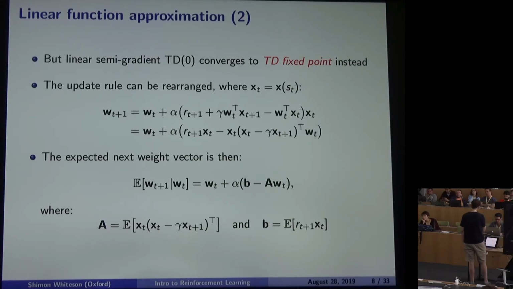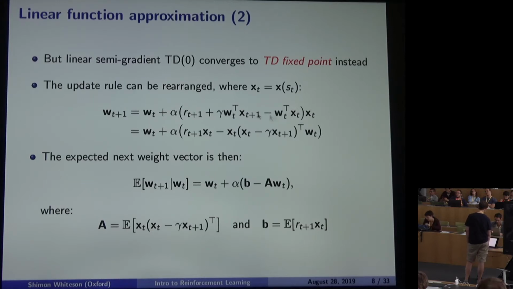So what is the TD fixed point? Let's look at this a bit more closely. Let's rearrange our update rule. What we have here is just our TD(0) update rule for the linear special case. The gradient here has been replaced by the feature vector, and anywhere that had v in it, I've replaced by the inner product that is used to estimate v.